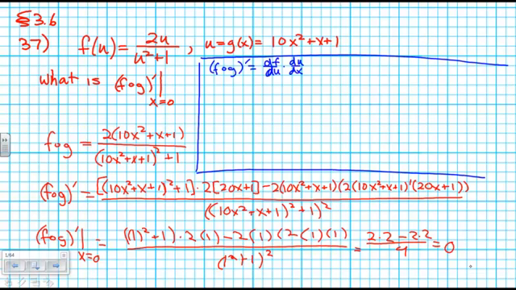In that case, the derivative of f with respect to u is, by the quotient rule, the bottom times the derivative of the top minus the top times the derivative of the bottom, all over the bottom squared. And du dx is the quantity 20x plus 1.